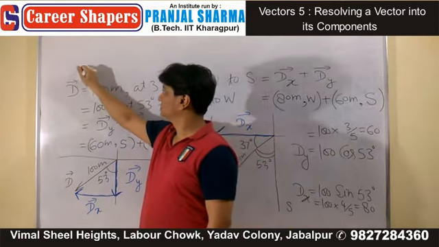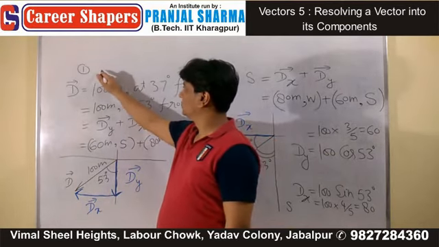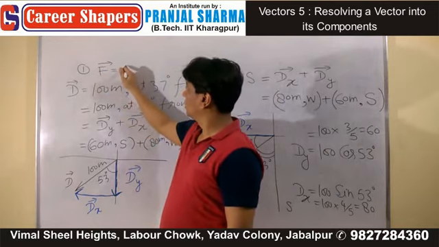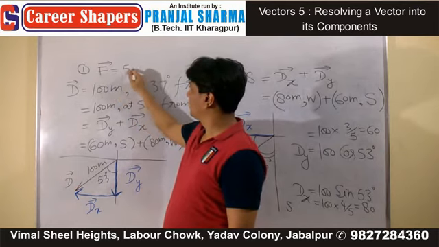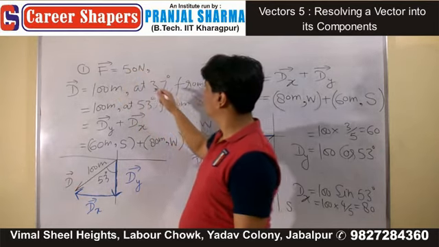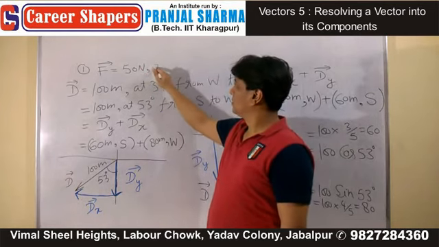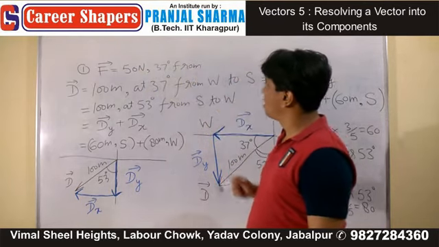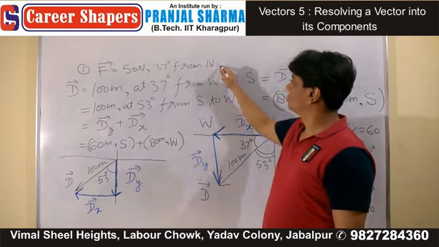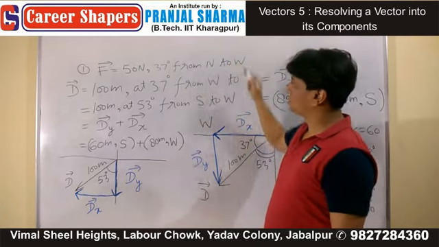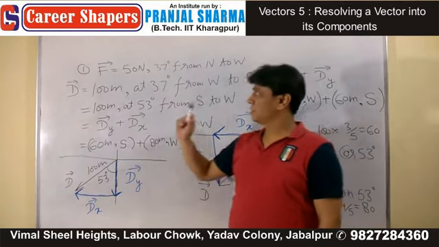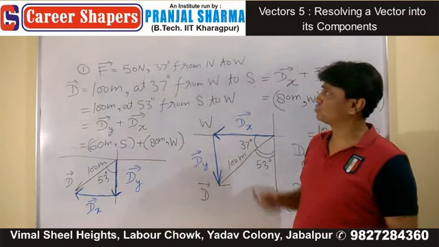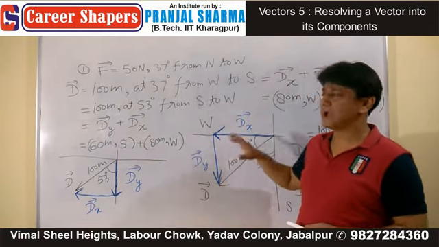The first is a force of 50 newtons, 37 from north to west. Force of 50 newtons is acting at an angle of 37 degrees from north to west. We'll draw a figure and its components.